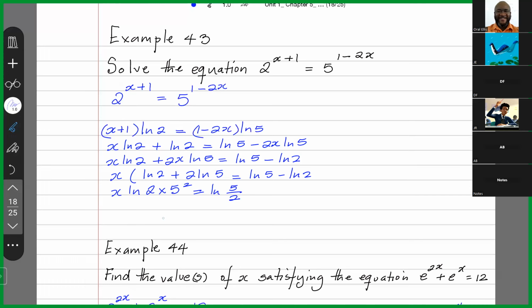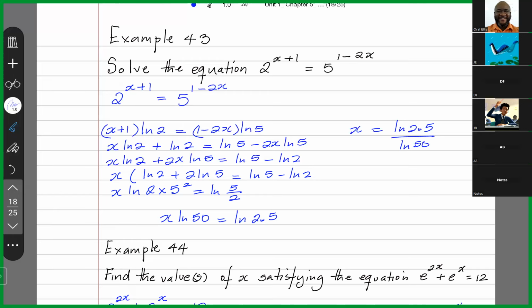So I have x ln 50 is equal to ln 2.5. Now if I divide both sides by ln 50, I'm going to get x is equal to ln 2.5 divided by ln 50. And of course, if we put that in our calculator, we'll get our answer.